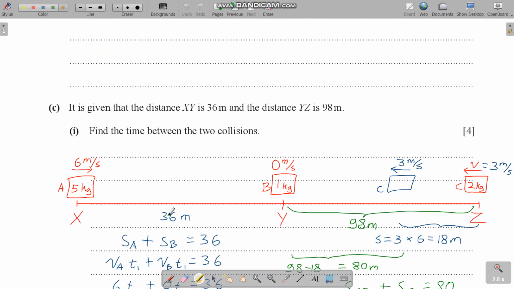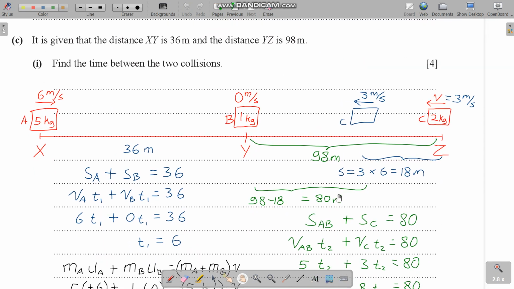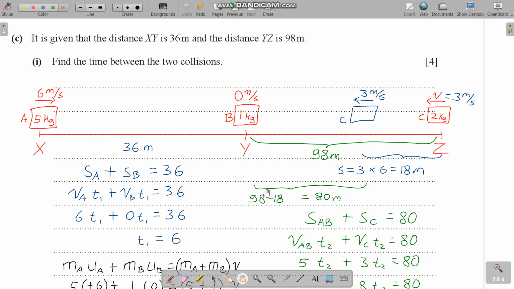Now the next part. Given that XY is 36, YZ is 98, find the time between the two collisions. During the first collision, B is stationary, A is going to the right, so the distance traveled is just the distance traveled by A. The distance traveled by A is velocity times time, the velocity is 6, the time we call t1. Solve for t1, so this is the time for A to reach B. So the first collision takes 6 seconds.